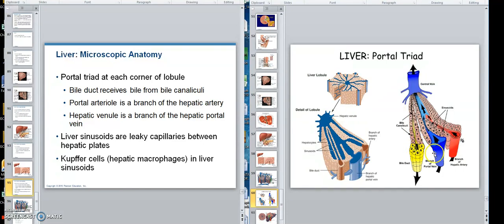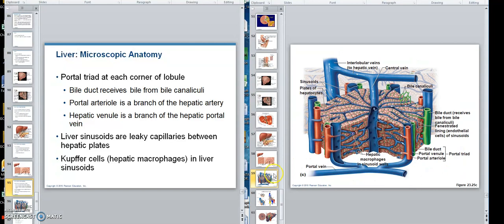Now we're talking about the supply from the portal vein. So now I'm going to come back to this one. The portal vein right here, which came from the intestines and the stomach, is sending blood to the liver. The blood is then going into this tube right here, the portal venule, and it is then traveling this way.